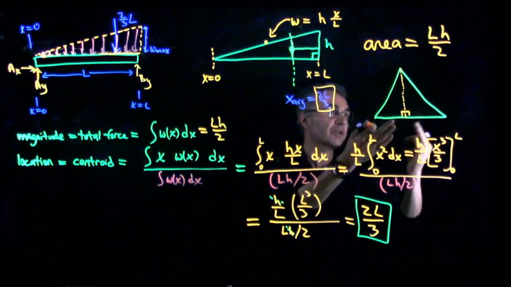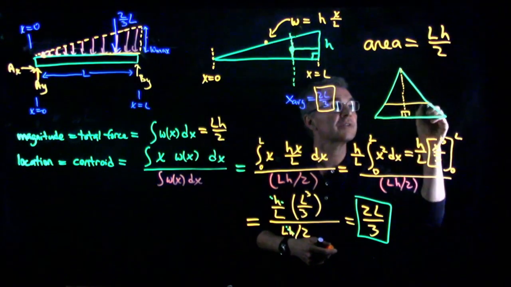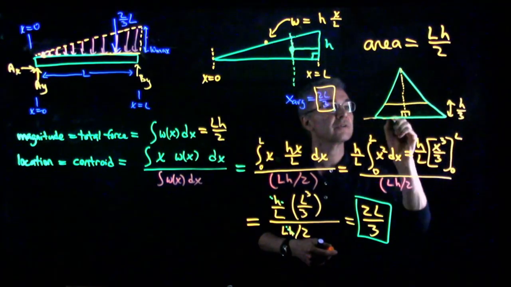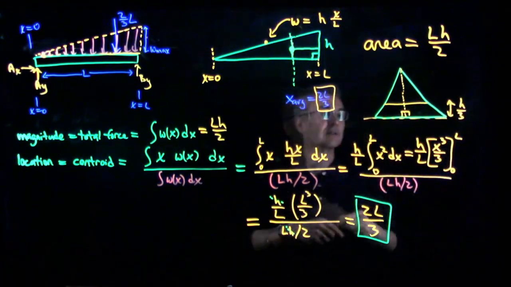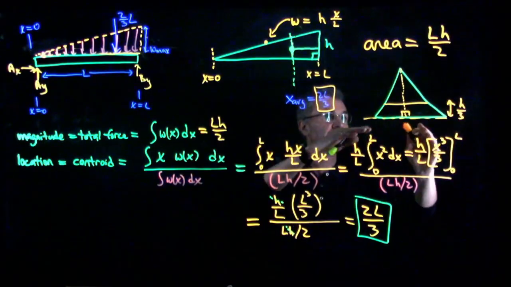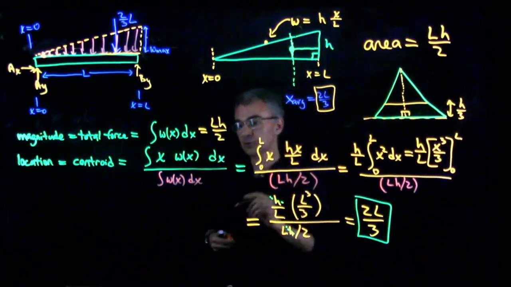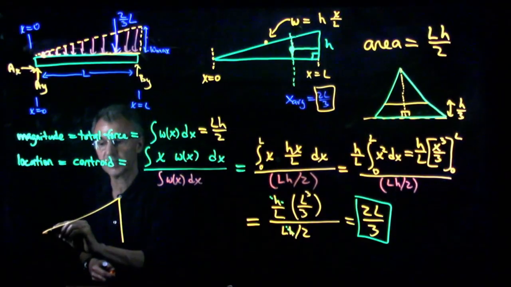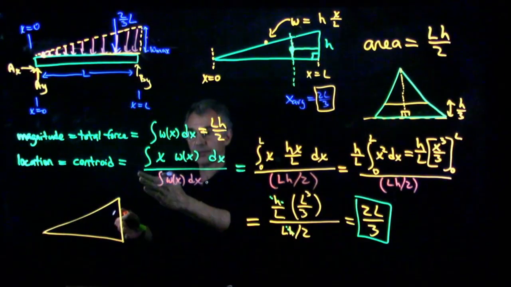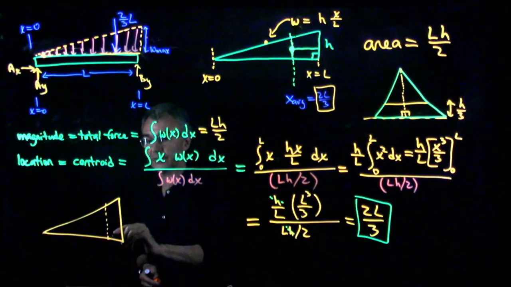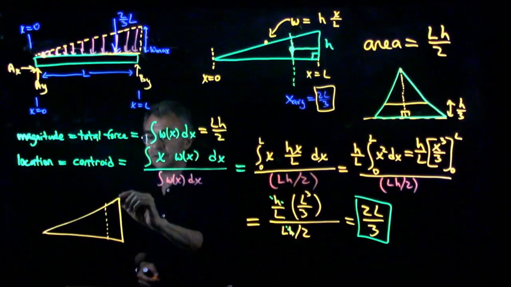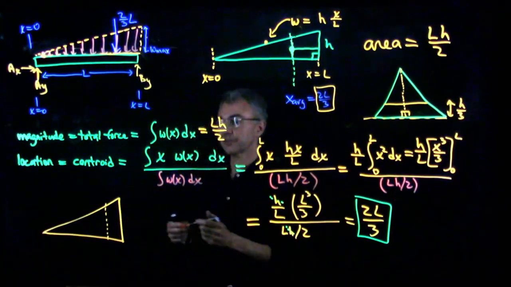So then we would have to figure out where it is horizontally, but vertically it's just 1/3 of the way up from the base here. So if the base is horizontal, then the centroid vertically of the triangle is 1/3 of the way up from the base. Or if you have a triangle like this, where there's one side which is vertical, then the horizontal centroid would be 1/3 of the way to the left of this vertical side.